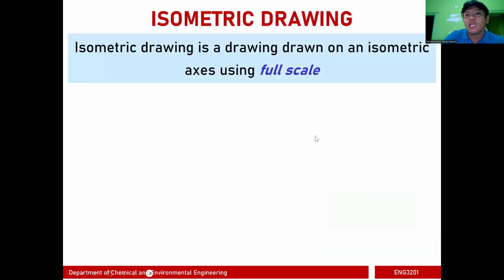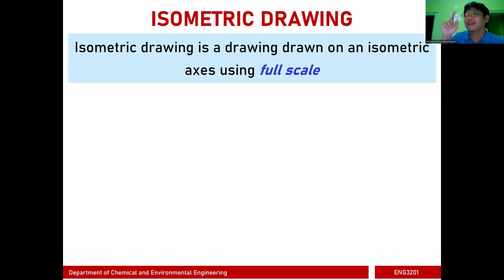Now, if you want to have a full scale, it should be drawn on an isometric axis. So what does it mean here? Now, the normal X, Y, and Z axes cannot really reveal the full distance of the drawing that is represented in isometric projection. Now, you cannot use square grid paper to draw.